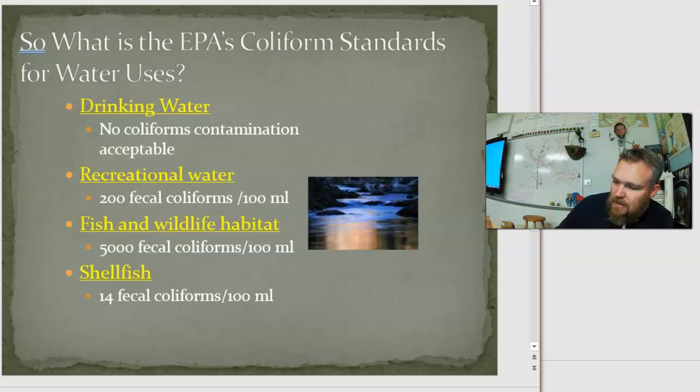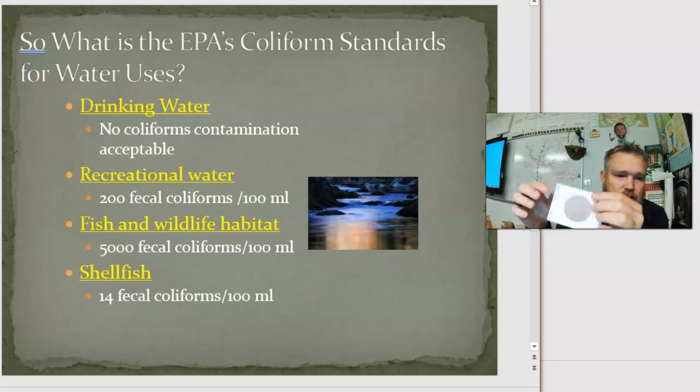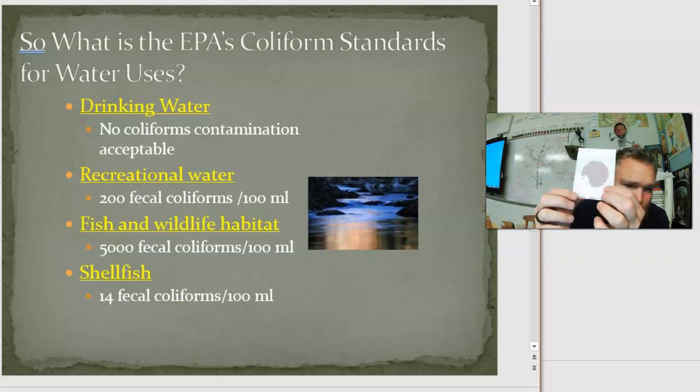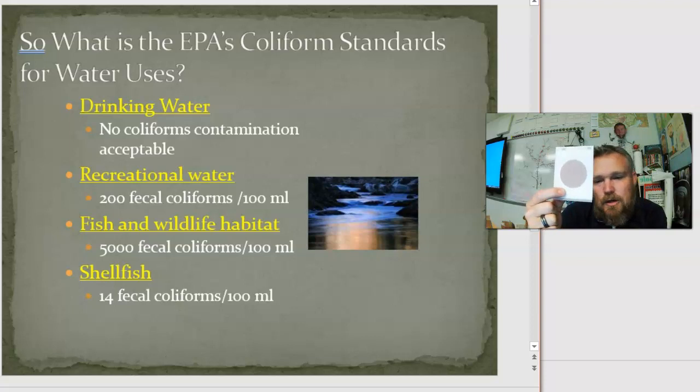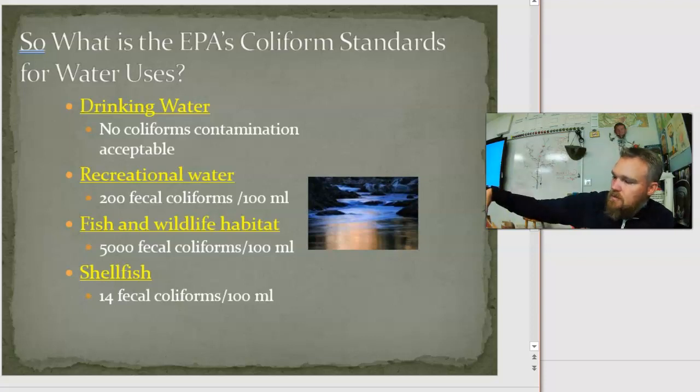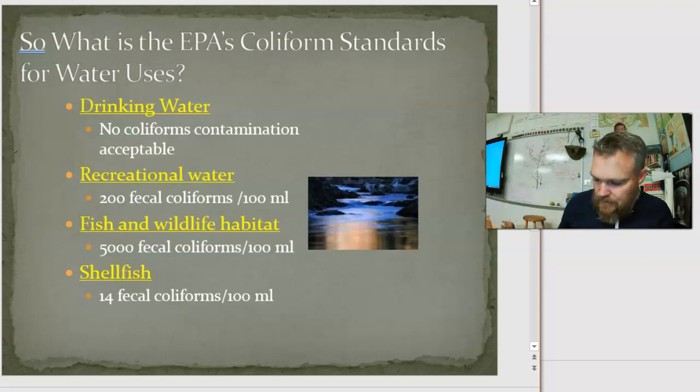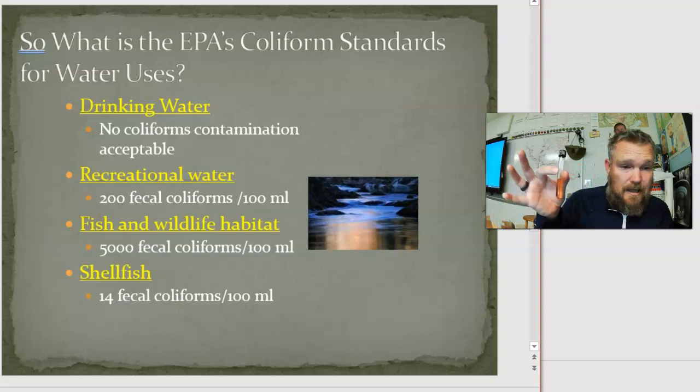We are also going to be using some of these plates, and these plates have a little red jello-y substance in there. We put a milliliter of water in that, and it will grow bacterial colonies for us. What we are going to do is then isolate those colonies and see if we get a yellow hit.